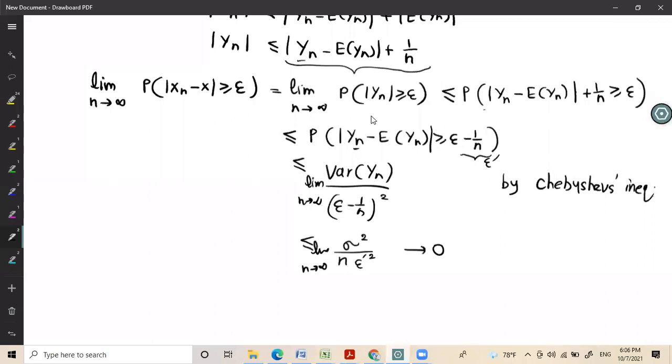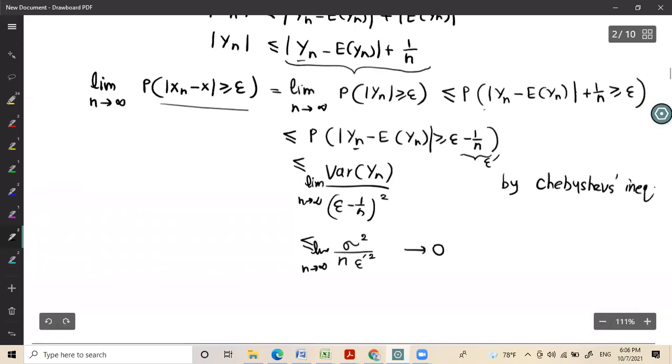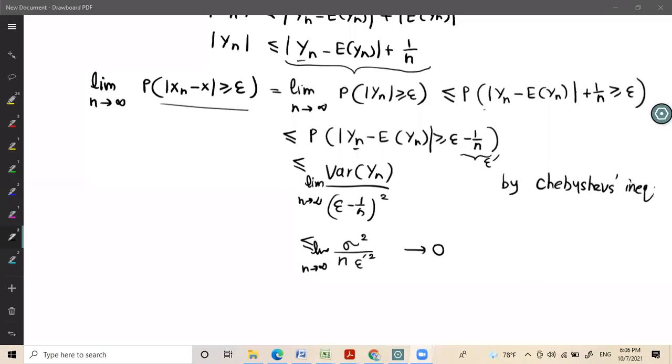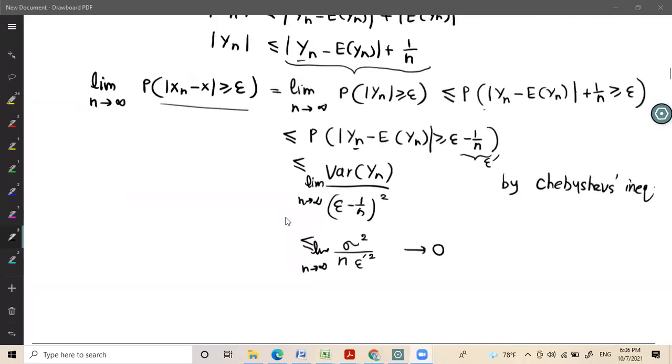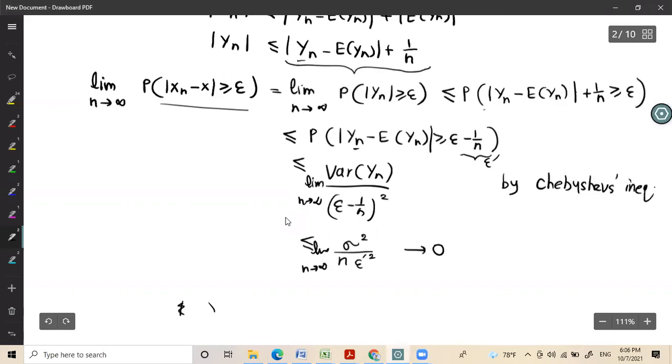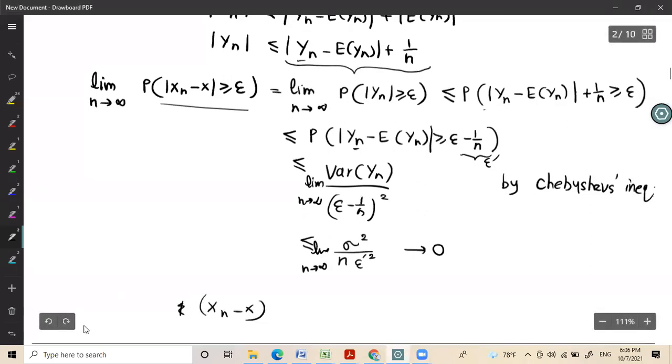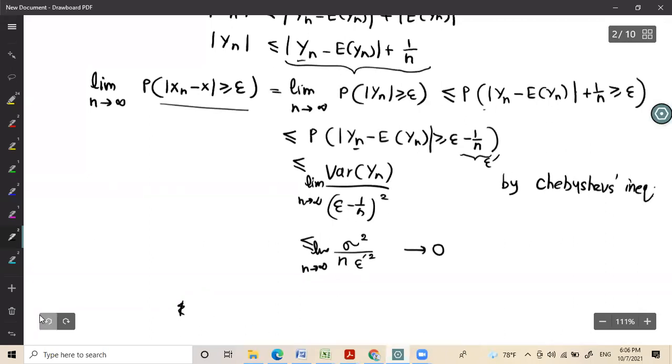So we have shown that the limit of the probability that xn minus x is greater than or equal to epsilon goes to 0. Therefore, xn goes in probability to x.